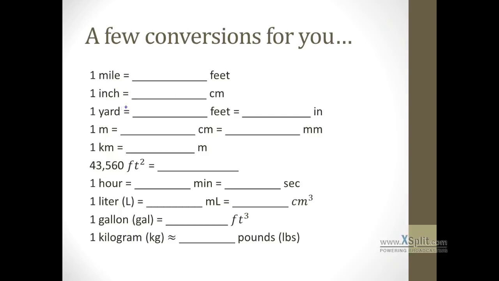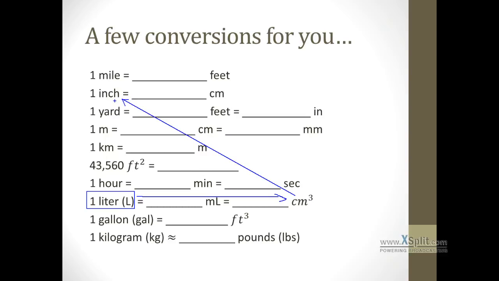We currently have liters. What we're going to do is convert liters over to centimeters cubed. We can convert between centimeters cubed and inches cubed. Then I'm going to convert between inches and feet.